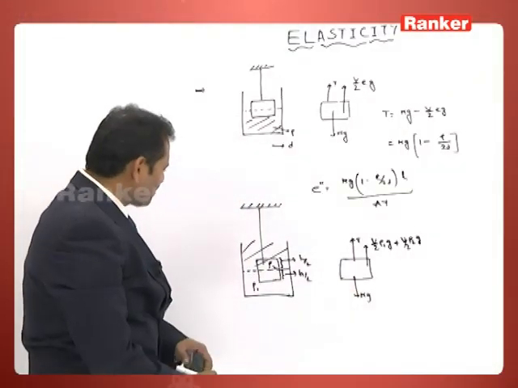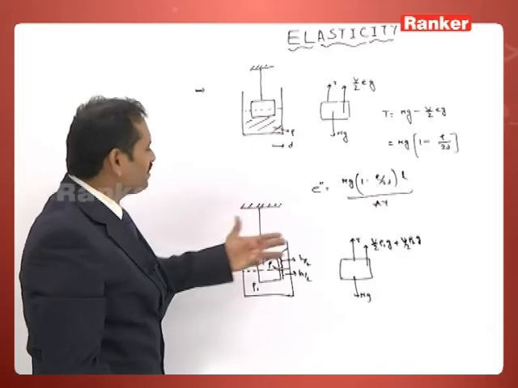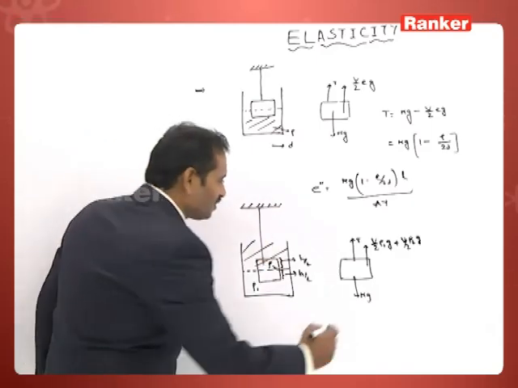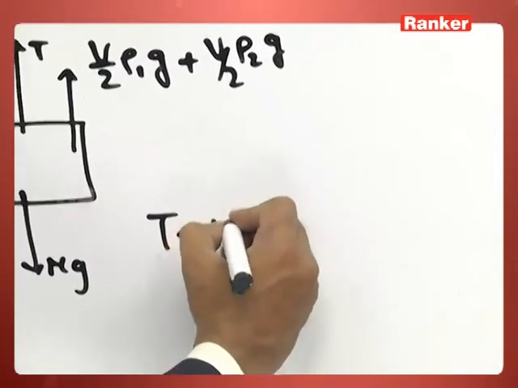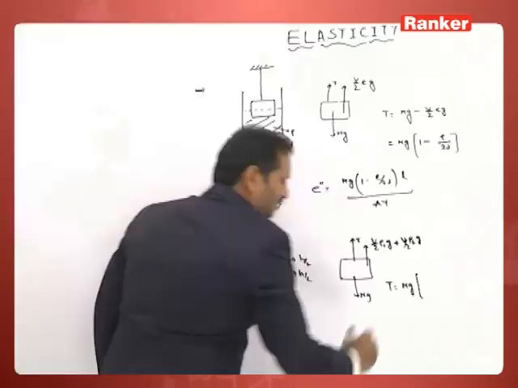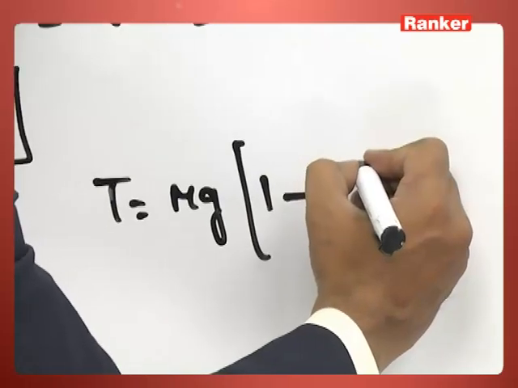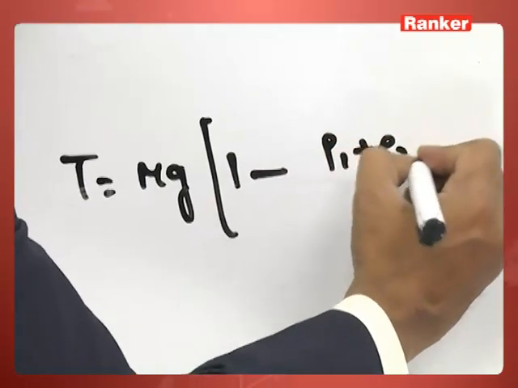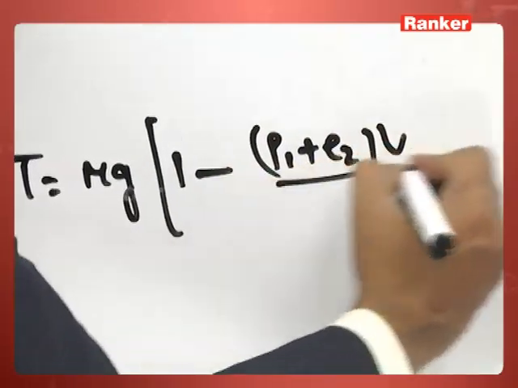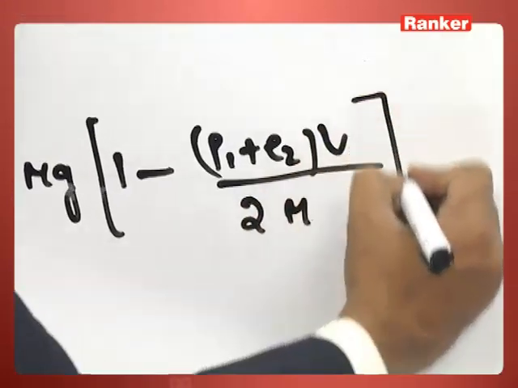You may get it out as 1/3 or 1/4, anything you can do based on this. Now T equal to mg, taking it common directly, 1 minus rho 1 plus rho 2 of V by 2 by m.